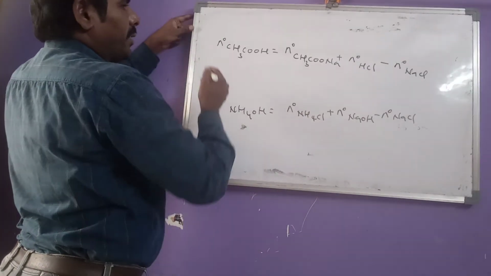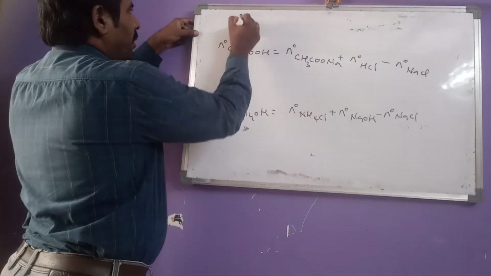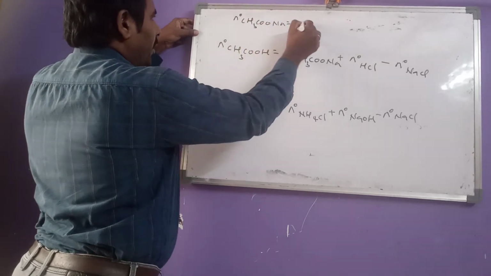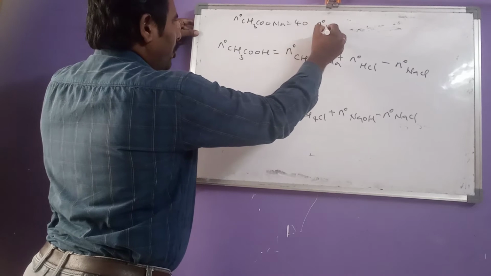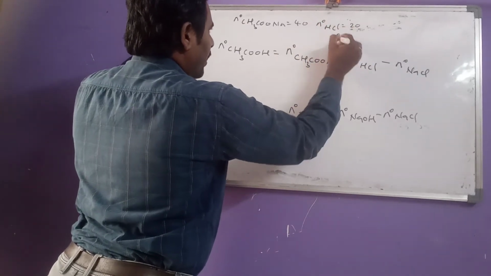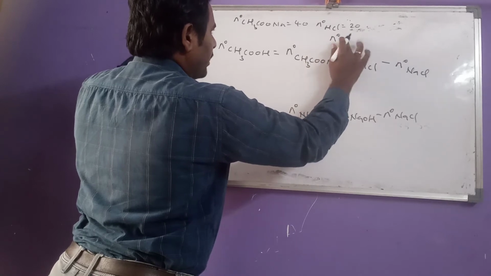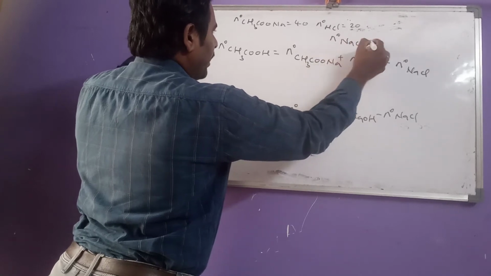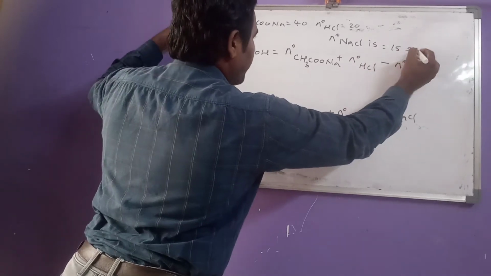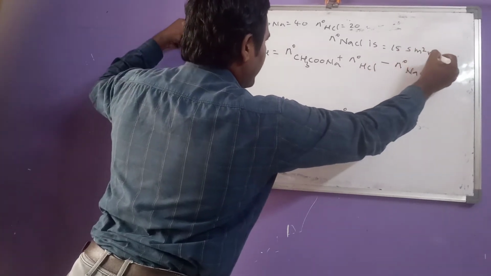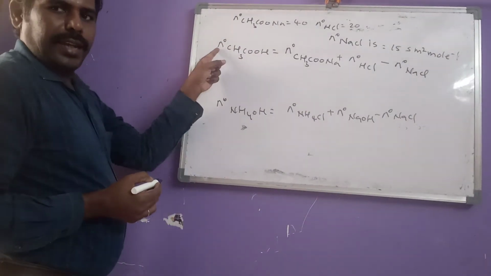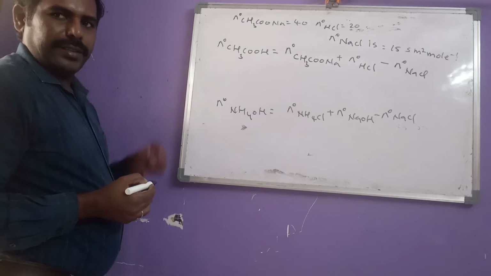So now here, Λ naught value of sodium acetate is 40, Λ naught value of HCl is 20, Λ naught of NaCl is 15 units Siemens meter square mole inverse. So we need to calculate Λ naught M of acetic acid.